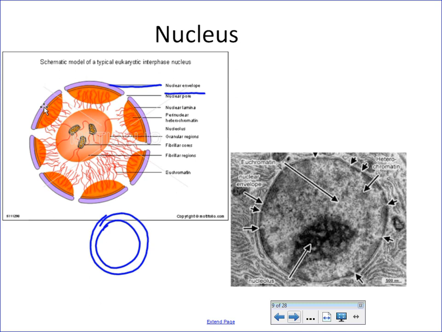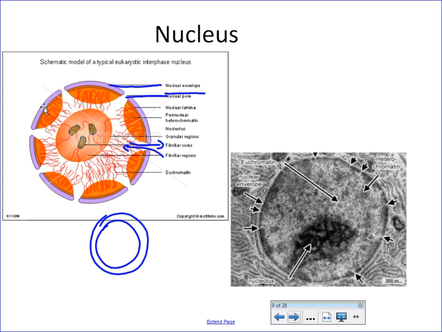And then there are gaps in the membrane, which are the nuclear pores. This will allow material to exit the nucleus or potentially even enter into the nucleus. And then there is the DNA that is stored within the nucleus.